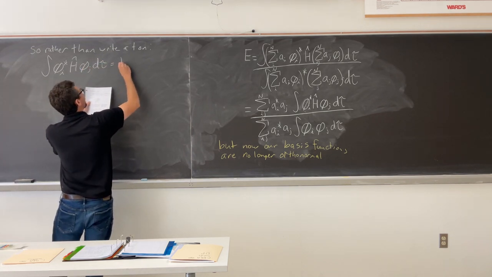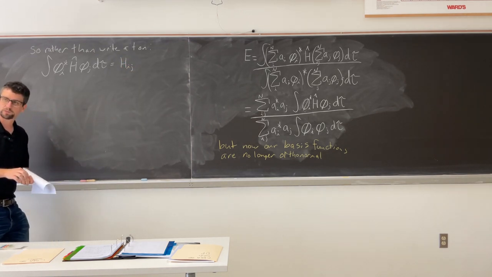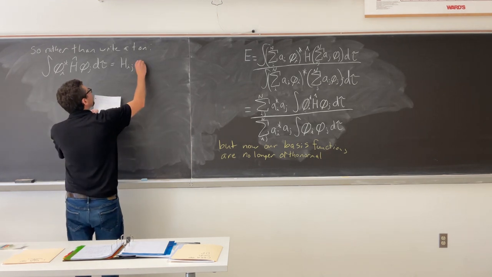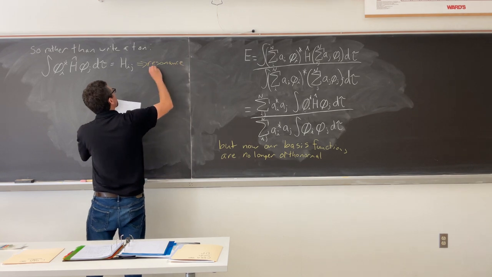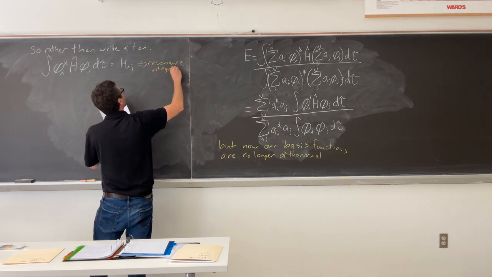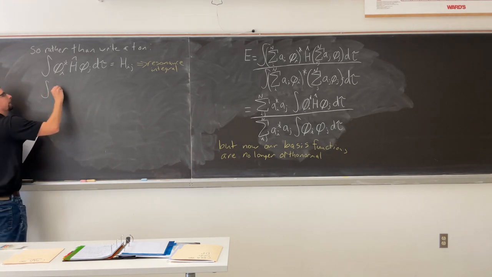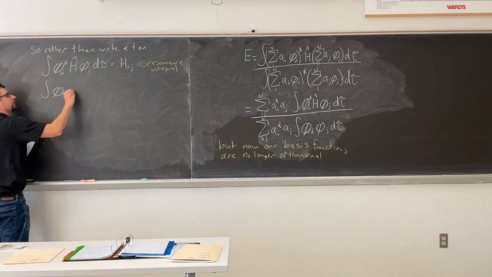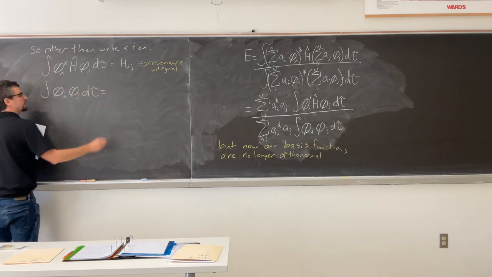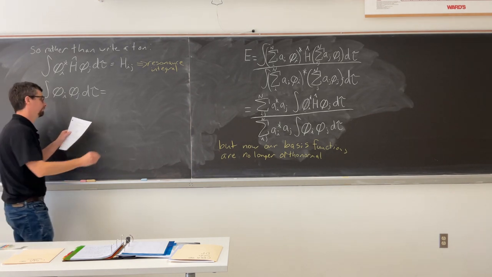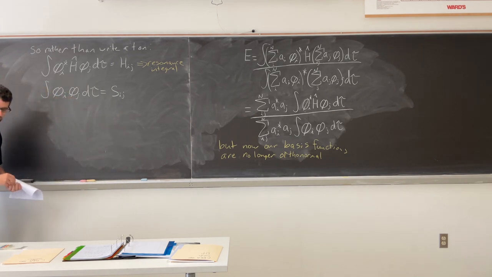We just shorten that to H_ij, and we're going to call this guy the resonance integral. This one we're going to give the symbol S_ij. This one is called the overlap integral.